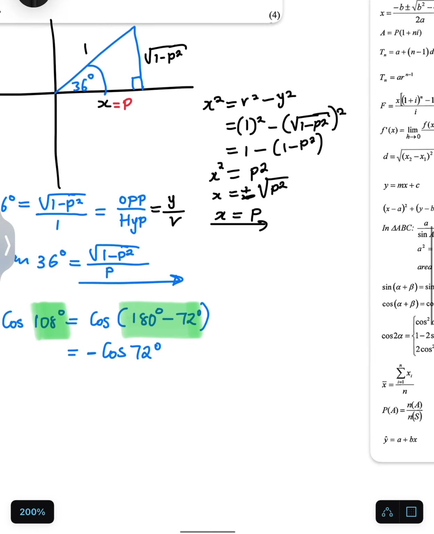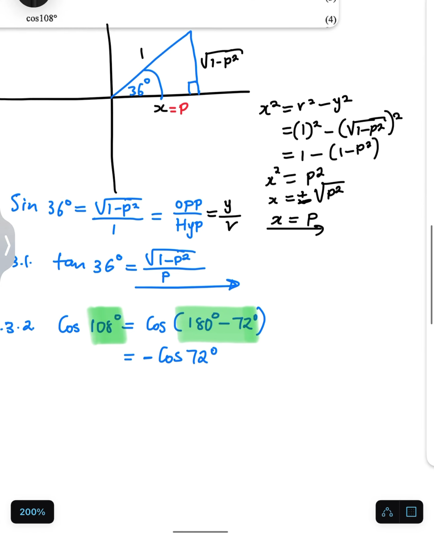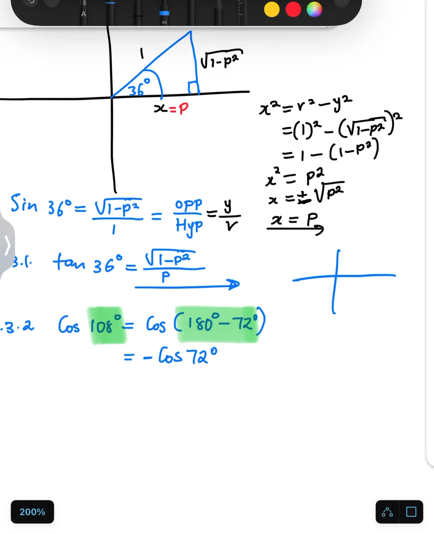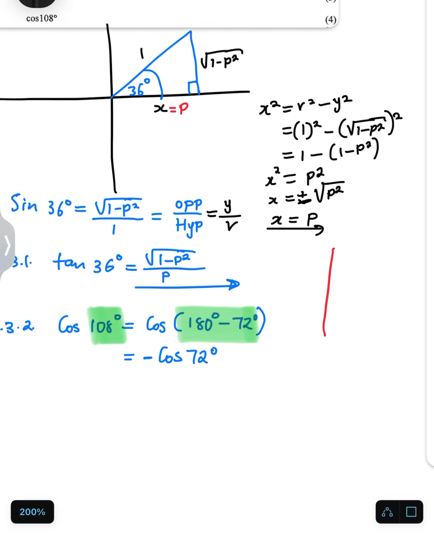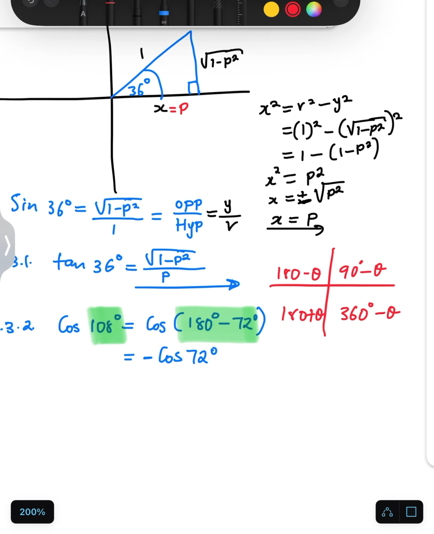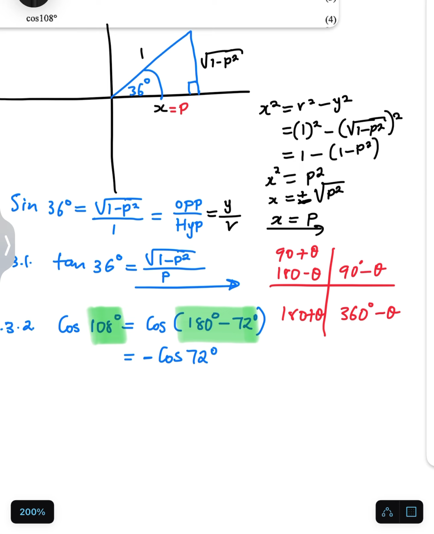If you use your diagram, normally we know that this is 90 degrees minus theta, and then this is 180 minus theta, and then 180 plus theta, and then 360 minus theta. Or this one you can also put here, that is the same as 90 plus theta as well.